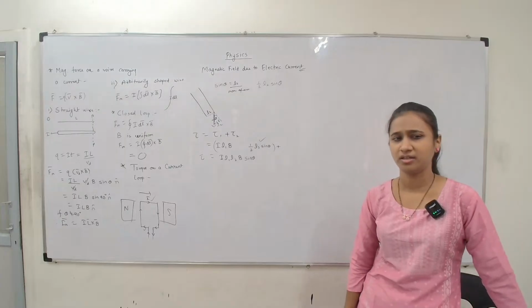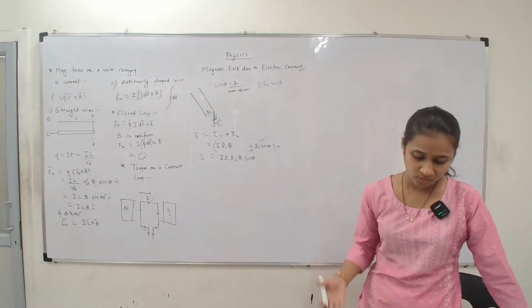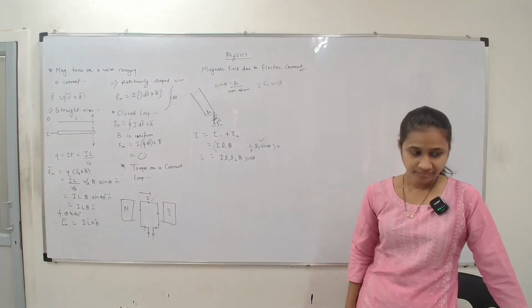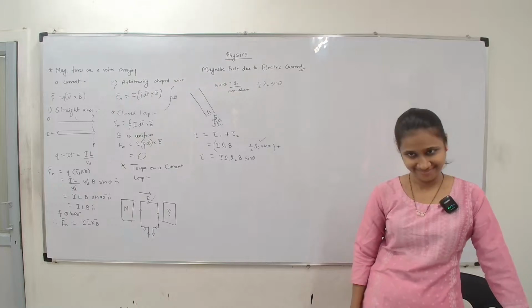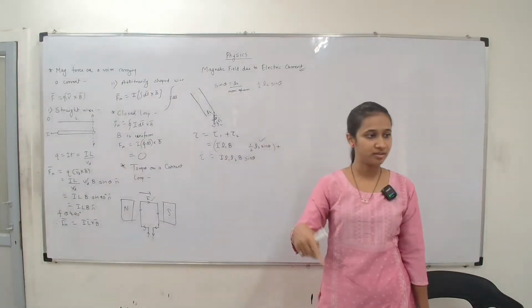What is this L1 into L2? L1 into L2 will be the area. So this torque is for one winding.